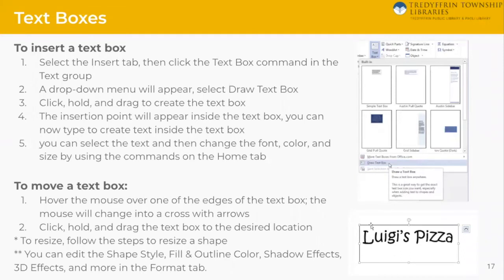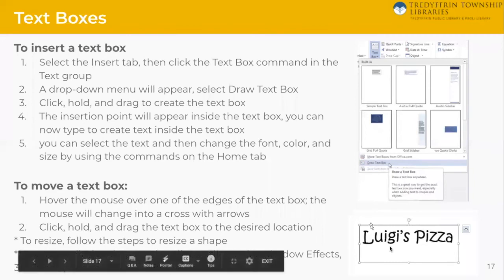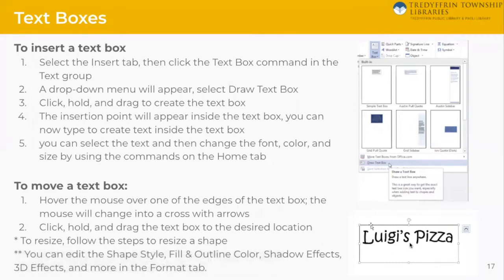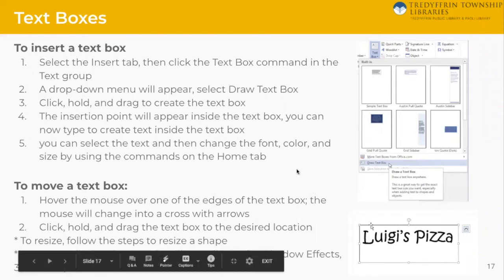You can select the text and then change the font, color, and size by using the commands on the Home tab. So you can see here in this image, Luigi's Pizza has changed size and font style, and that's just by using the commands on the Home tab.